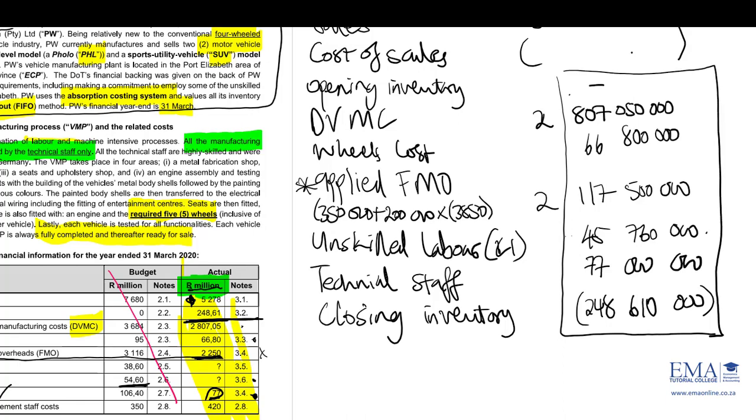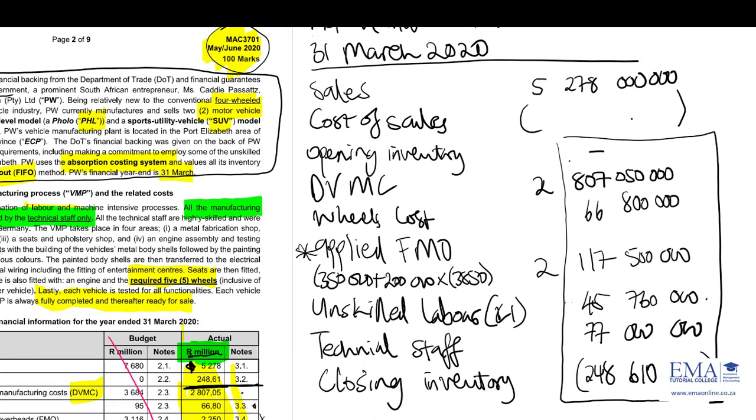Okay, so we need to add everything in this and subtract the closing inventory so that we can get our cost of sales. So in adding that, you see that you're going to get a cost of sales of 4,807,050,000. Okay, so that's my cost of sales.